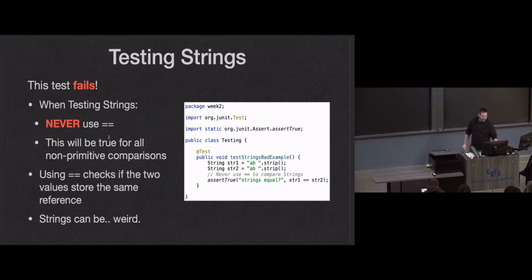The big lesson here is never use equal to compare two strings. You can't use equal to compare strings. What equal does is check two values to see if they have the same reference, which is, are they referring to the same object on the heap? The short explanation for this is strings are weird.